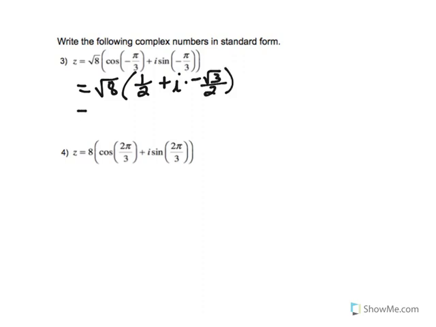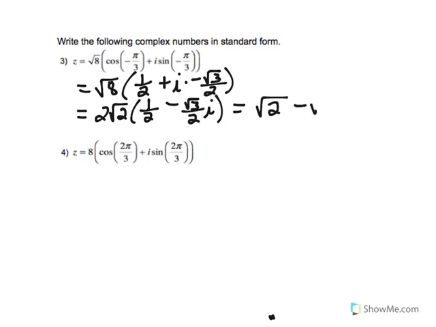Now, I didn't do this right away, but you could simplify the square root of 8 to 2 root 2. And what this will help with is when you go to distribute, it'll be a little easier to simplify. So this will come out to root 2 minus root 6 i.